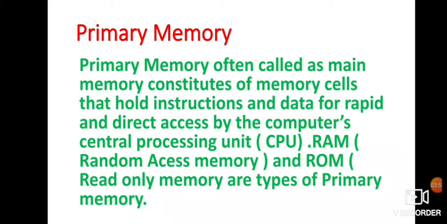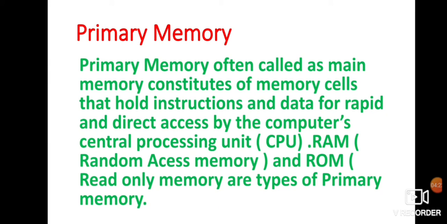Secondary memory is not directly accessed by the CPU. Hence primary memory, being the main memory, is directly accessed by the CPU. It consists of memory cells that hold instructions and data for rapid and direct access by the computer CPU. Primary memory contents are directly accessed by the central processing unit.